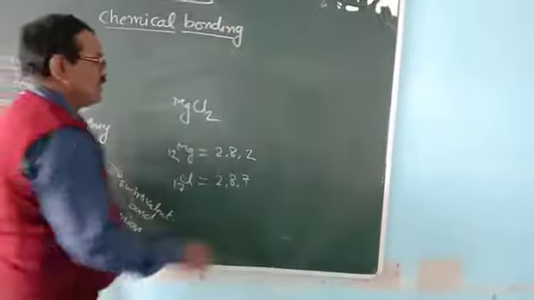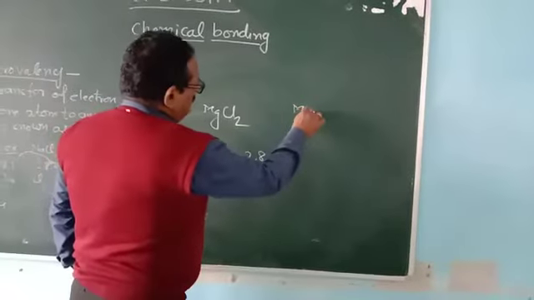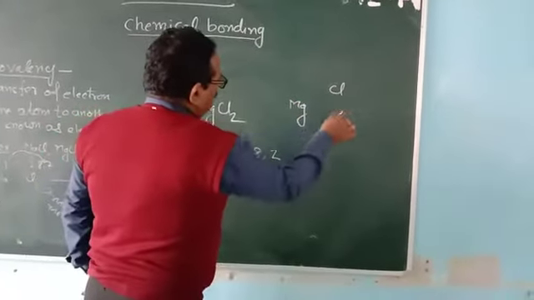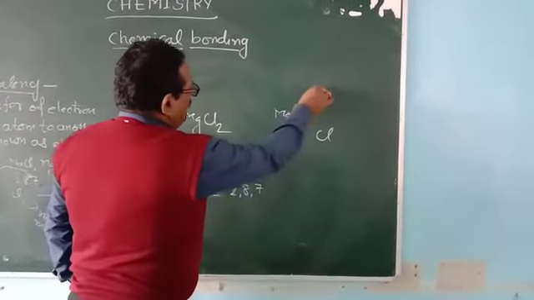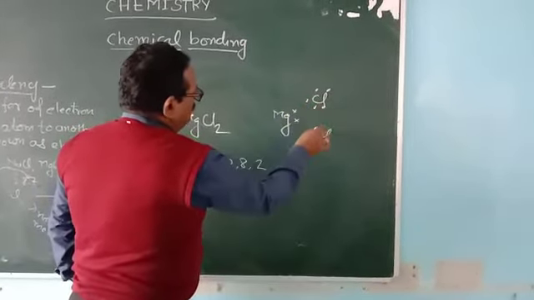Then you can also write Mg and 2 chlorine here, with 2 electrons in the magnesium and 7 electrons in chlorine.